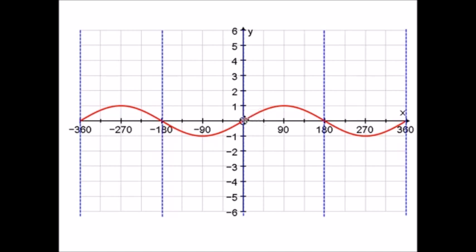When the sine x graph is above the horizontal axis, so here and here, the cosec graph has these distinctive U-shaped curves like this.